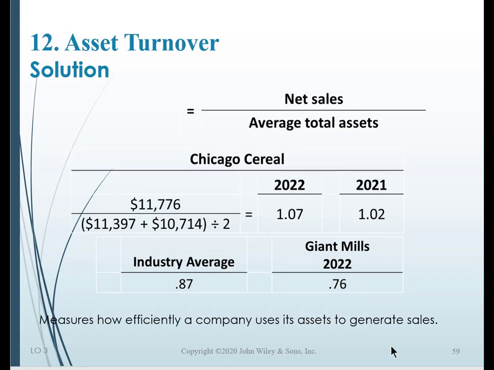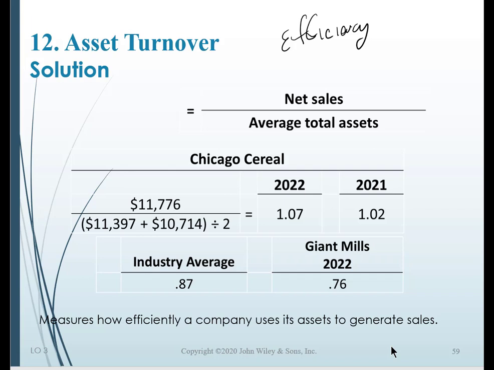Asset turnover is net sales divided by average total assets. I like to think of this as an efficiency number. We purchased a bunch of assets to do our job, and we're creating sales with that business.